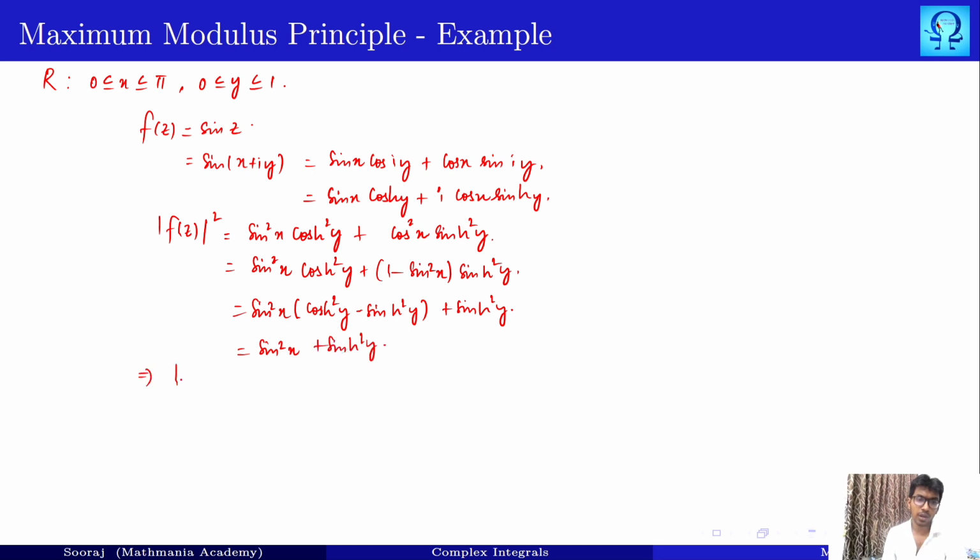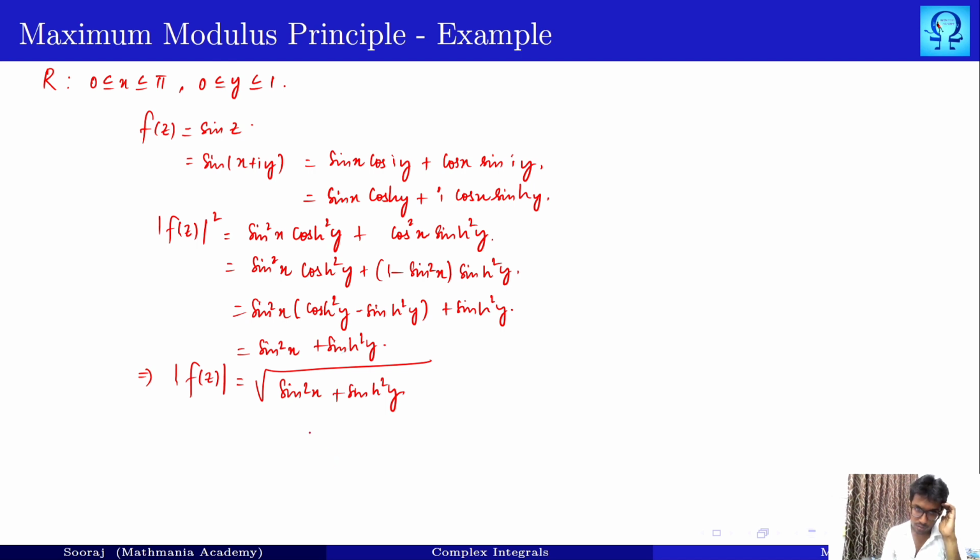So from this, the absolute value of f of z is the square root of sin squared x plus sinh squared y.